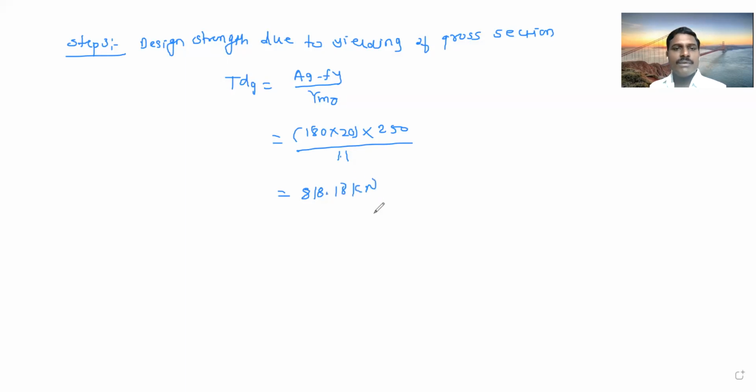This is your strength due to yielding of cross section. It means that much load can be carried before yielding. When the member fails, these plates will fail at this load.